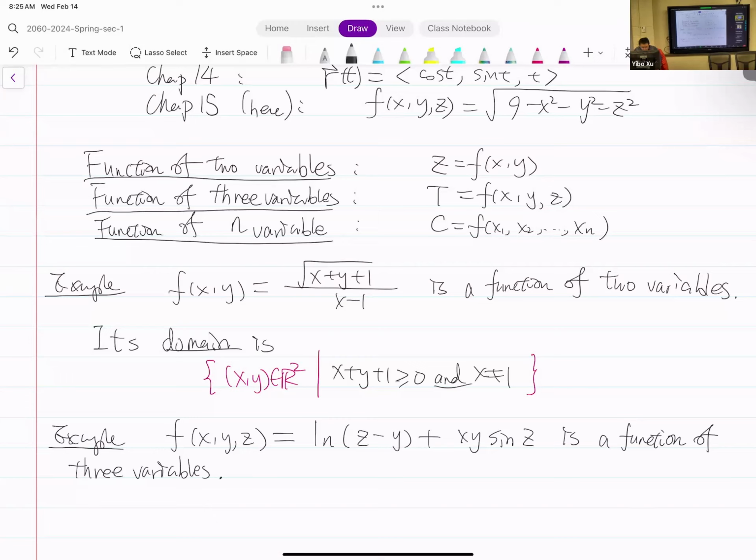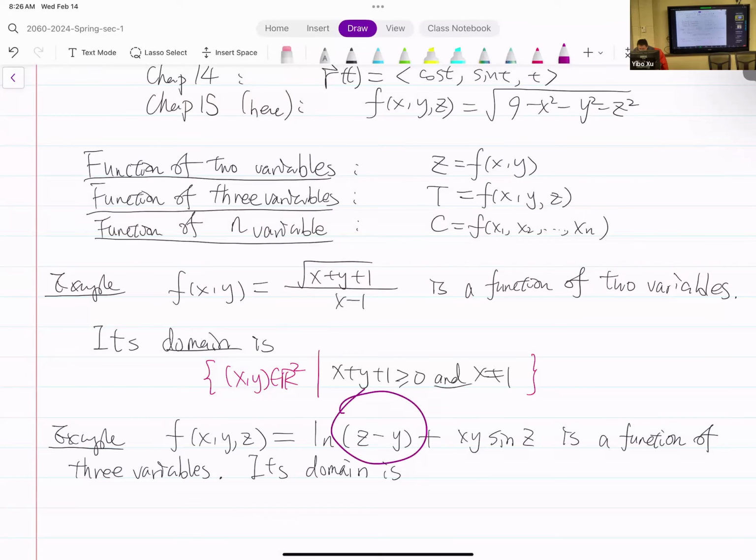And now if we think about the domain, once again, we ask ourselves, what are the legal inputs, right? So for sine, the input could be just anything, so there's no restriction on z. The only restriction here is that for the natural log, you always input a positive number, right?